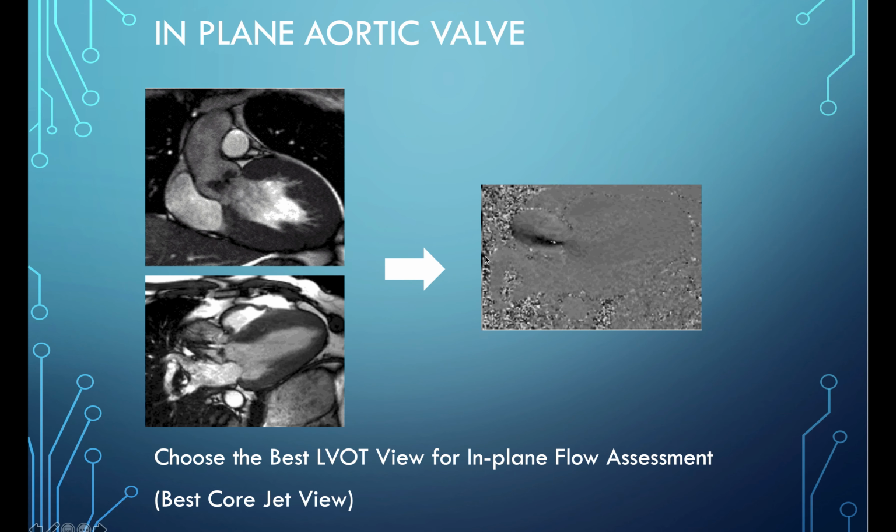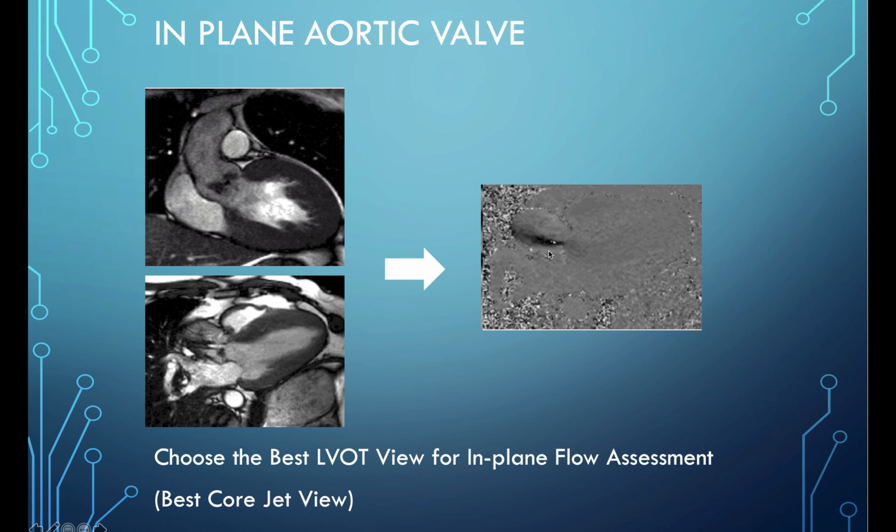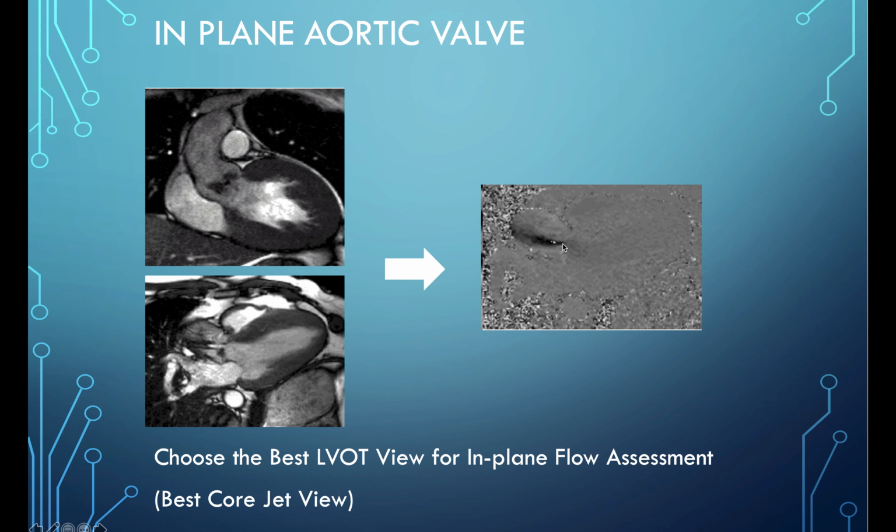And again, as you may see here, because there is a stenosis, the valve is thickened, and there is a jet of stenosis. The jet created velocities higher than what we expected and higher than what we entered. That's why it created some aliasing, and repeating the sequence was needed.